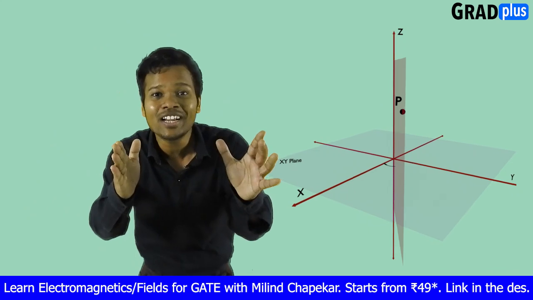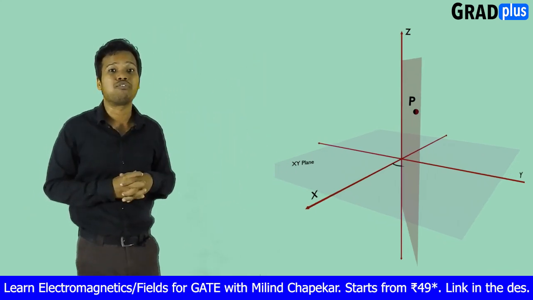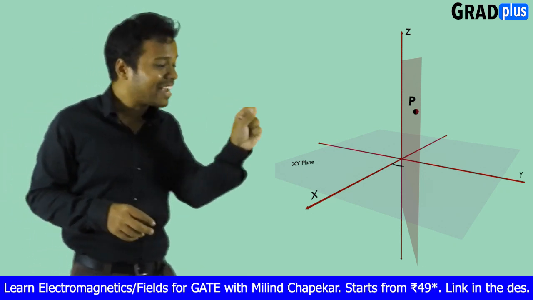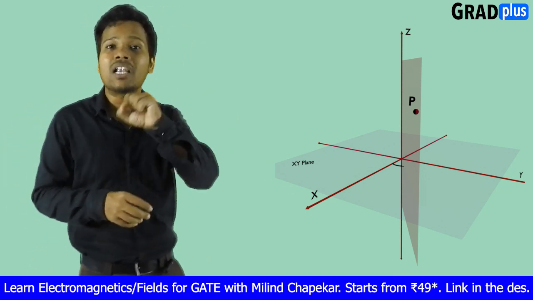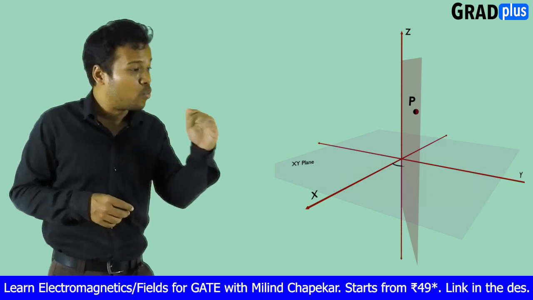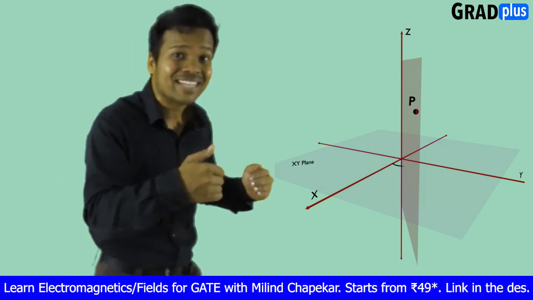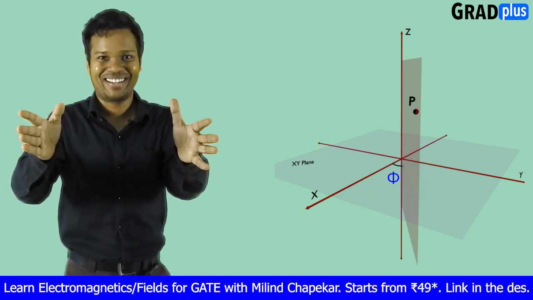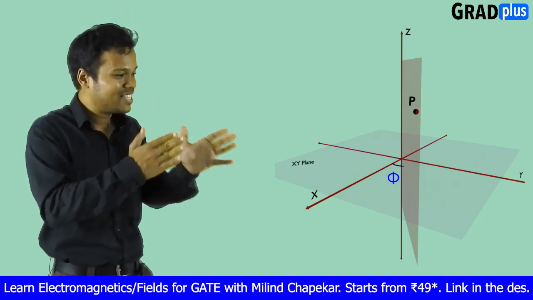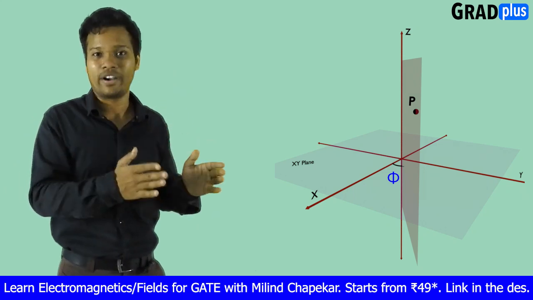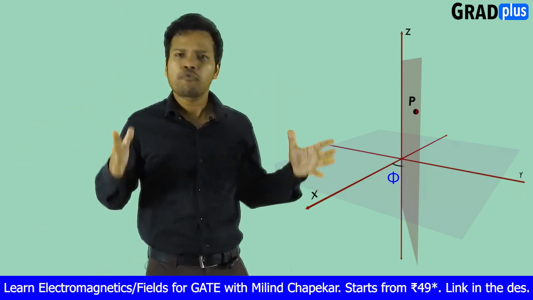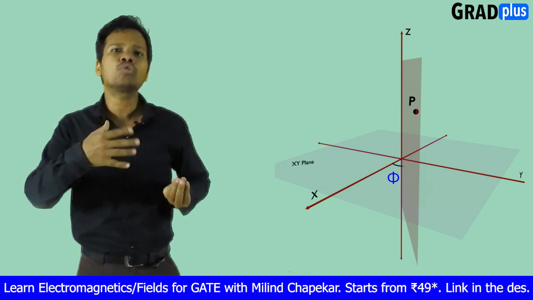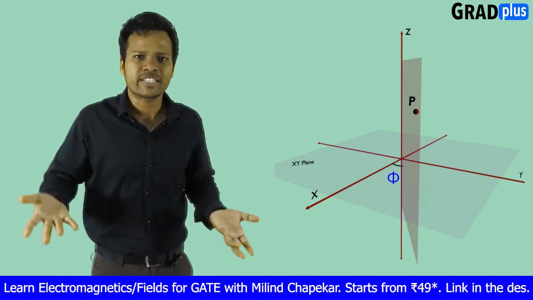And according to our definition of phi, the angle made by this vertical half plane with the positive x-axis is known as phi. Very simple. So this is nothing but the phi coordinate, and this phi can take any value from 0 to 2 pi or 0 to 360 degree.